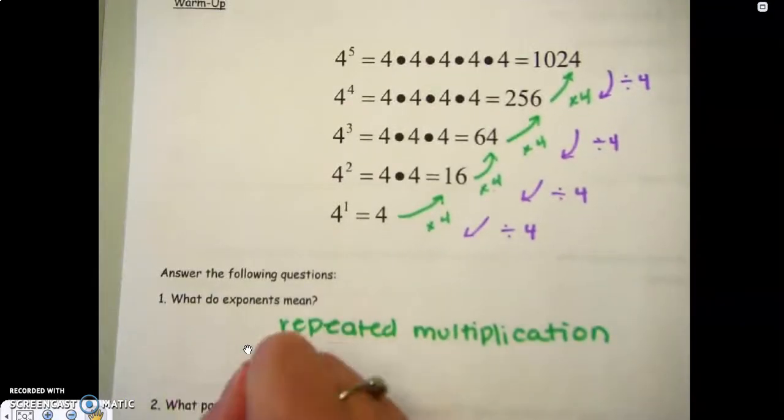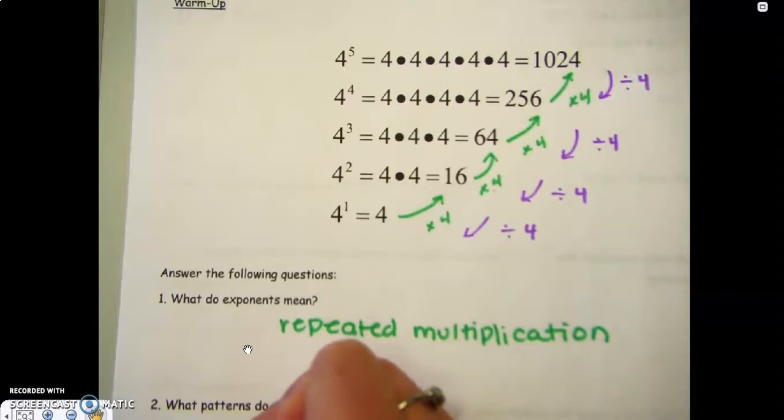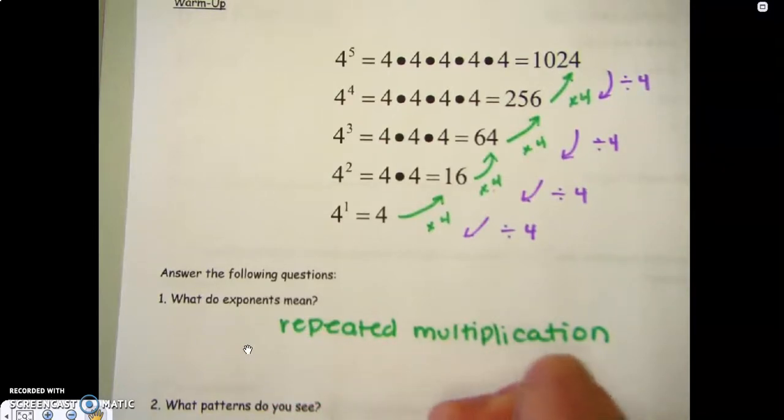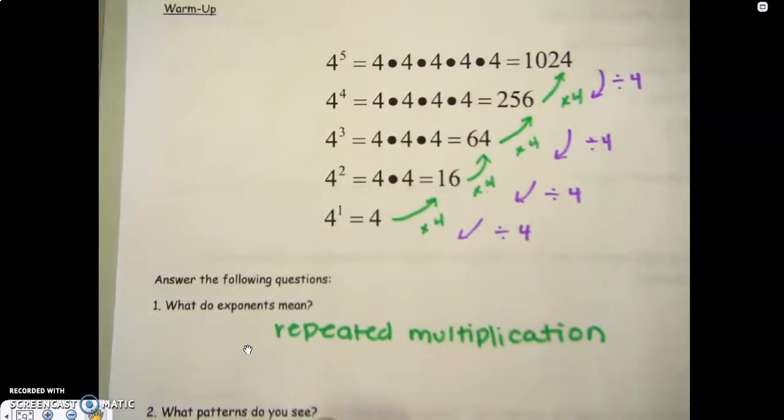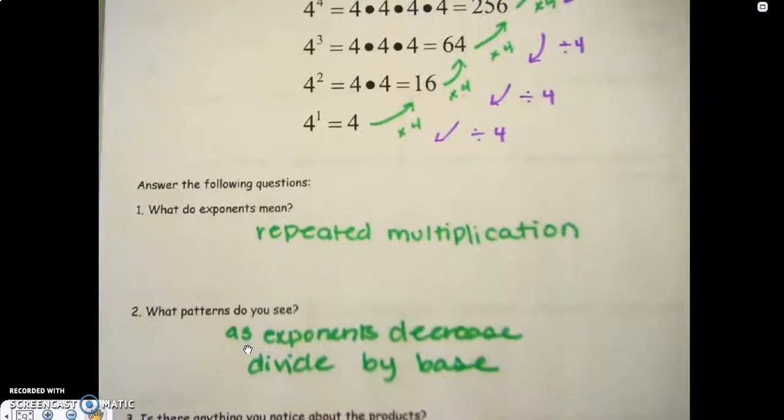As exponents decrease, divide by the base. If you remember from our lessons from before, the base is the number that's next to the exponent. So you're just dividing by that number every time, or multiplying when increasing.